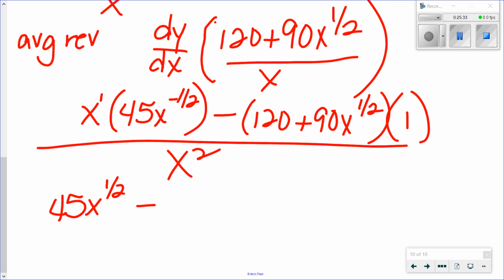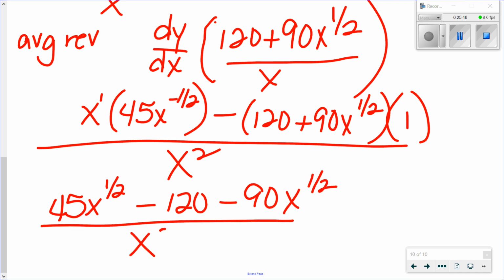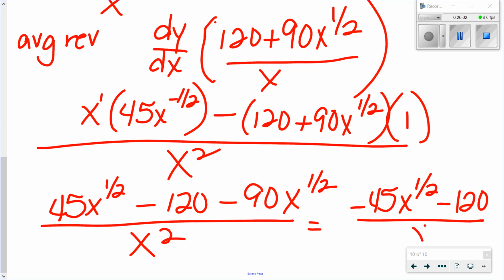Now, the 1's not going to change anything, so I'm going to go ahead and change my signs. 120 minus 90x to the 1/2. All of that is over x squared. And let's simplify that. So I have 45 x to the 1/2 minus 90 of those same things. So that's negative 45 x to the 1/2 minus 120 over x squared.